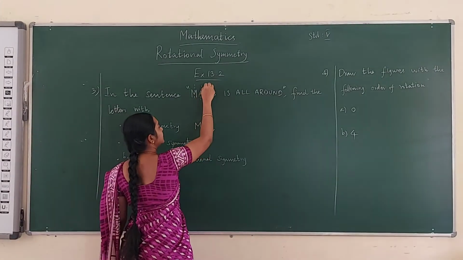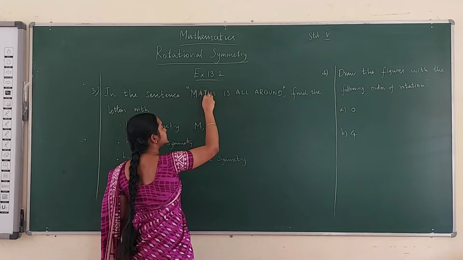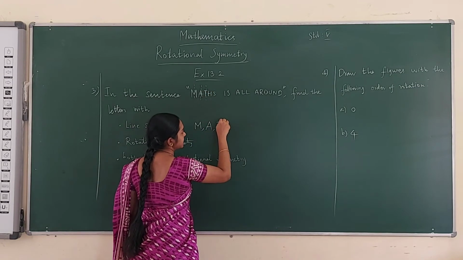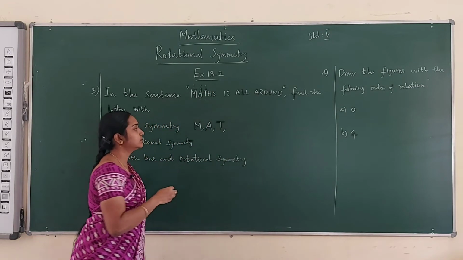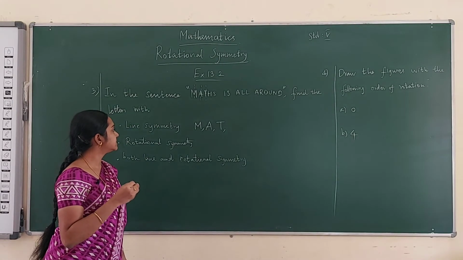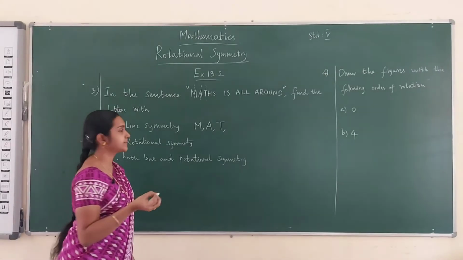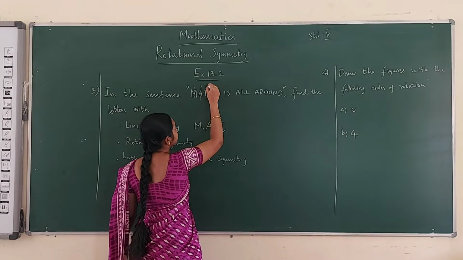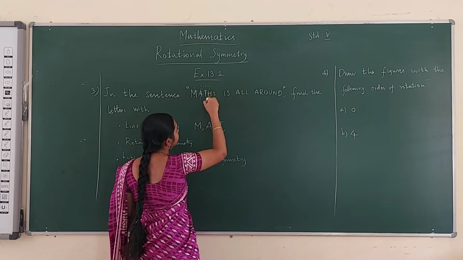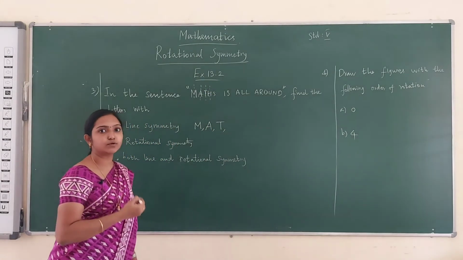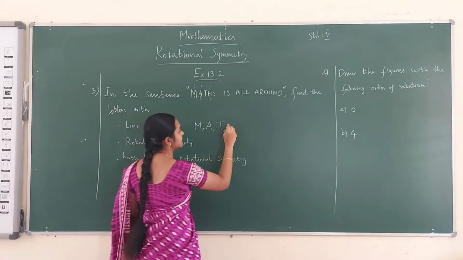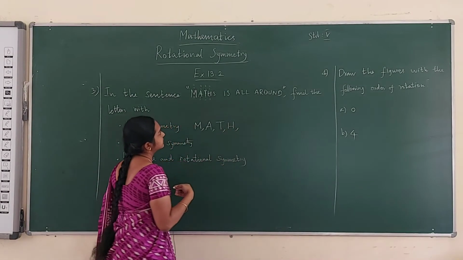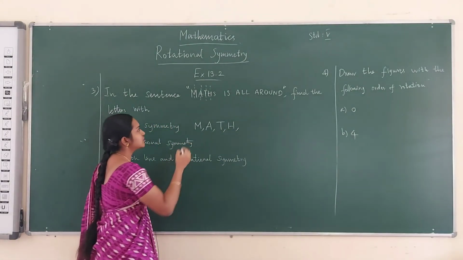Next, T. If we draw a line in the center of the T, it will look the same on both sides. So T also has line symmetry. Next, H. If we draw a line in the center of H, it looks the same on both sides. So H also has line symmetry. Next, S. Draw a line.